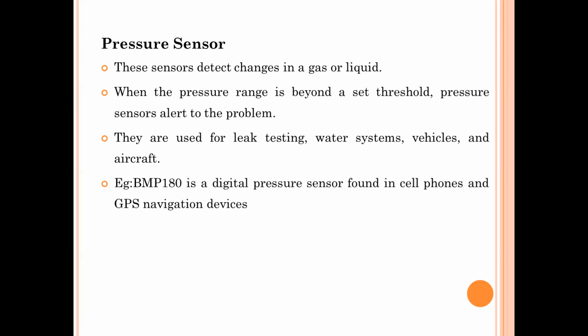This can be used for testing leaks, or to find the pressure of the liquid filled in vehicles, etc. An example of a digital pressure sensor is the BMP180, which is found in cell phones and GPS navigation devices.